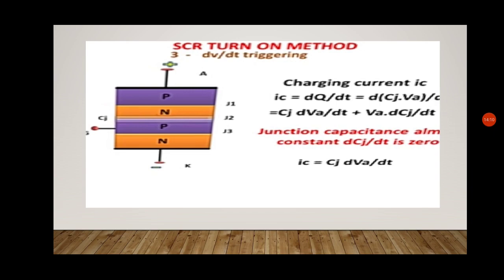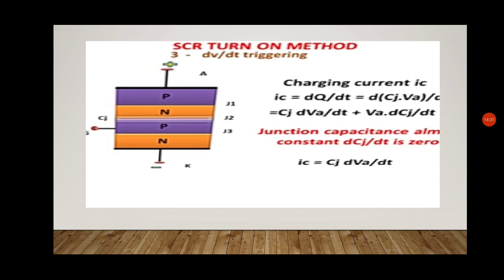So this can be written as C_j dV_A/dt plus V_A dC_j/dt. Now junction capacitance is almost constant. If junction capacitance C_j is constant, then the rate of change of C_j with respect to time is 0.